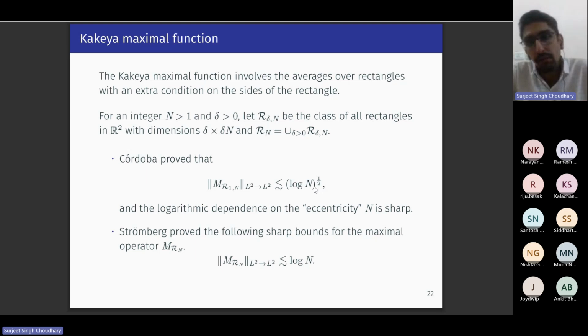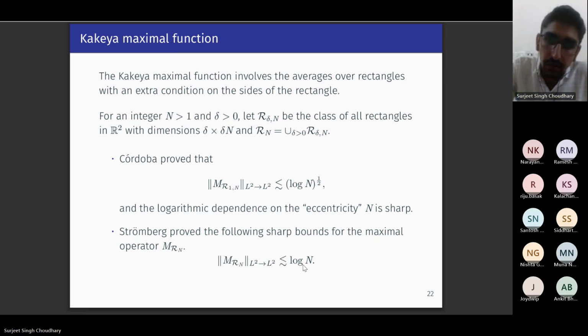And when the eccentricity of the rectangles is fixed, Stromberg proved that the operator M R n is bounded from L2 to L2 with norm bounded by a constant times log n. And again, this dependence on the eccentricity n is sharp.